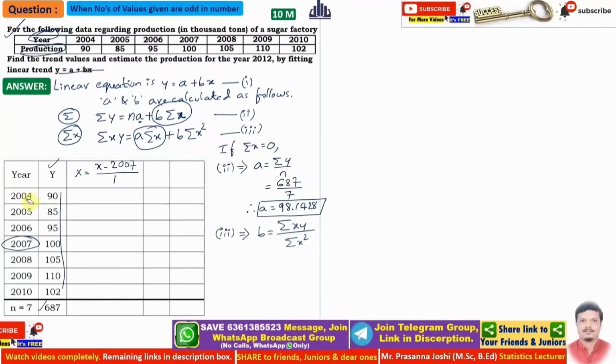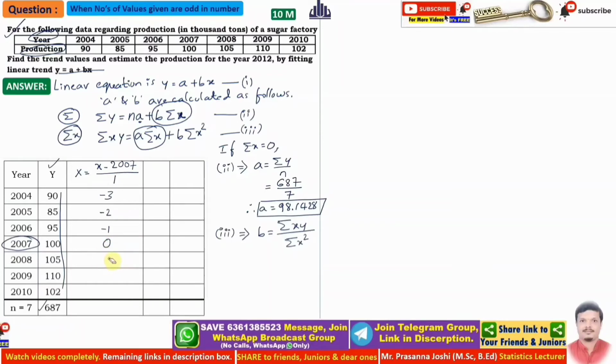So 2004, if I substitute here, 2004 minus 2007, is it not minus 3, divided by 1, again it will become minus 3. In a similar way, 2005 if it is put, it becomes minus 2, 2006 gives minus 1, and 2007 minus 2007 becomes 0, and 0 divided by 1 is 0.